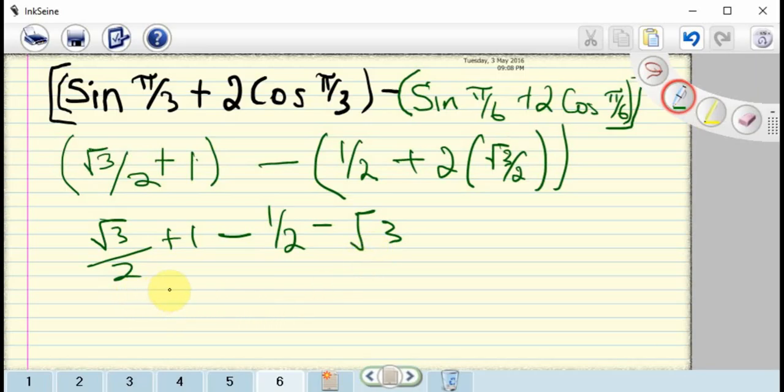So that's going to be half times 1 minus root 3. 1 minus half is half, and we have root 3 over 2.